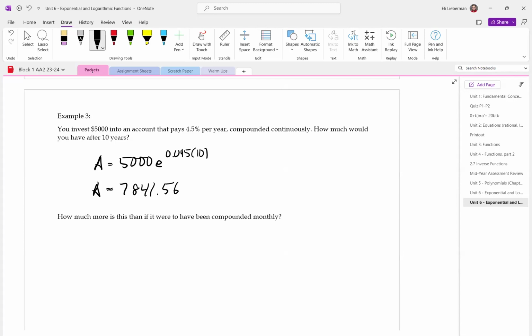Now, notice we start with 5,000 and it is increasing at 4.5% for 10 years. So if you got something like 900,000 or $60, please make sure you figure out your error. It should make sense. It should be more than 5,000. To me, 7,000 makes sense.